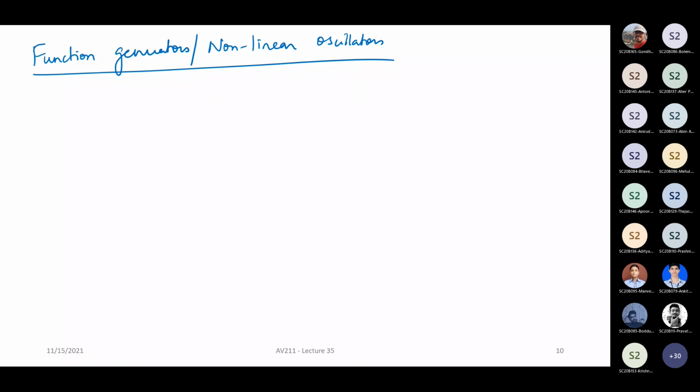We studied both the inverting and the non-inverting bistable multivibrators. And what is the main feature of a Schmitt trigger? It has hysteresis. We already saw what hysteresis is.